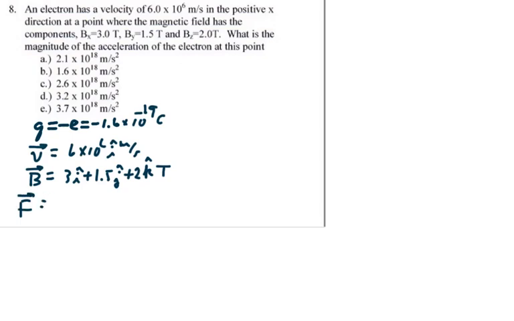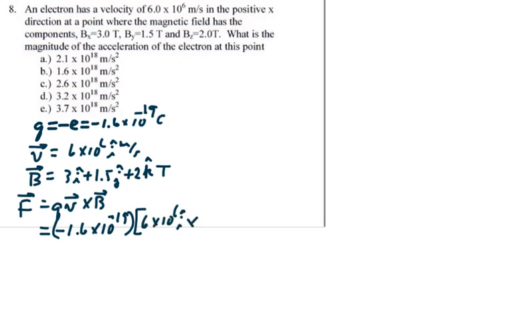Our force is going to be equal to q v cross B. So this is equal to a negative 1.6 times 10 to the minus 19 coulombs for our q. And then for our v, we have 6 times 10 to the 6 i crossed with our B, which is 3i plus 1.5j plus 2k.